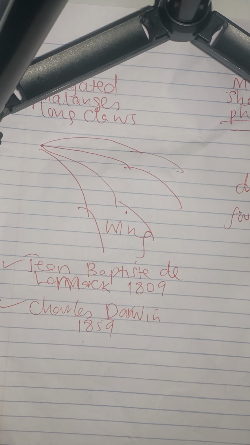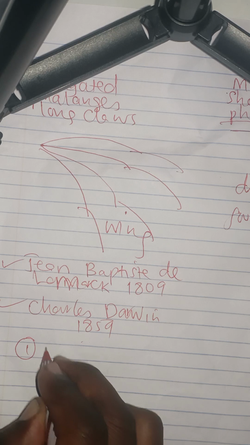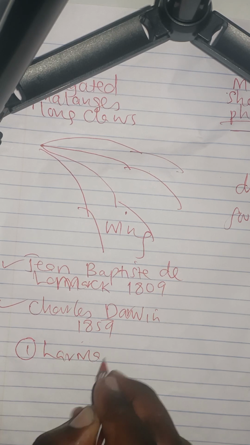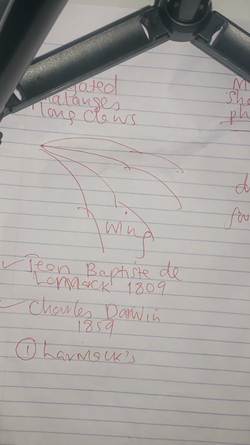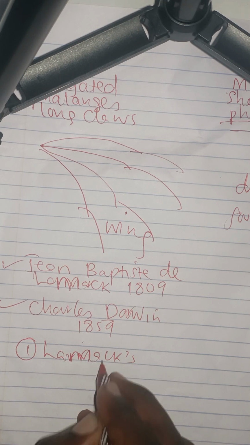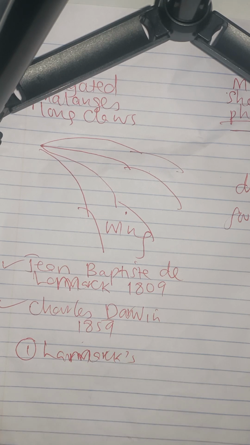So we have two theories to help us understand how evolution occurs, or to help us reinforce this aspect of how organisms evolve. If we begin with Lamarck's theory, we'll realize that Jean-Baptiste Lamarck proposed several hypotheses regarding the mechanism of evolution.